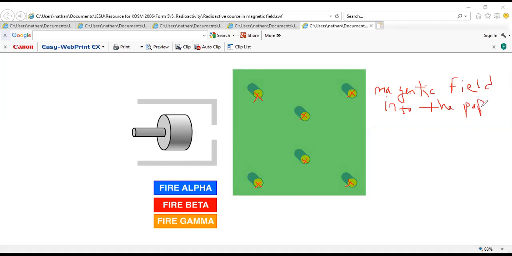That means the direction of the magnetic field is going in. So when you fire alpha, for this example, alpha will deflect downward. Beta will deflect upward, and beta will deflect more because of its smaller mass. The question is how to determine the direction of deflection.